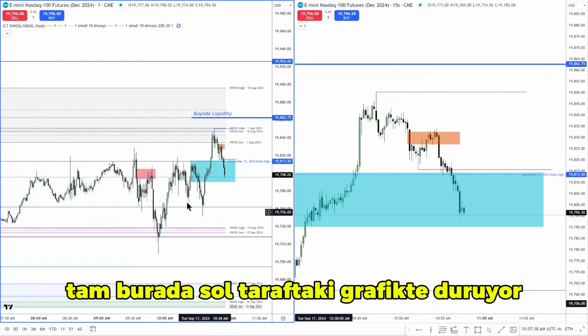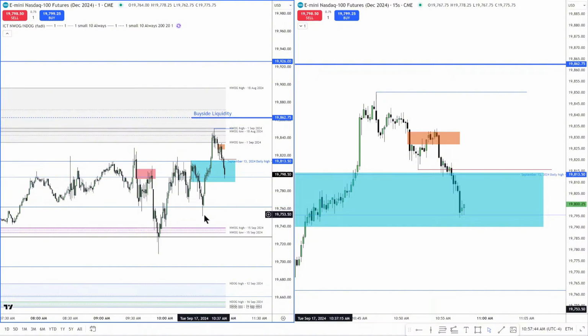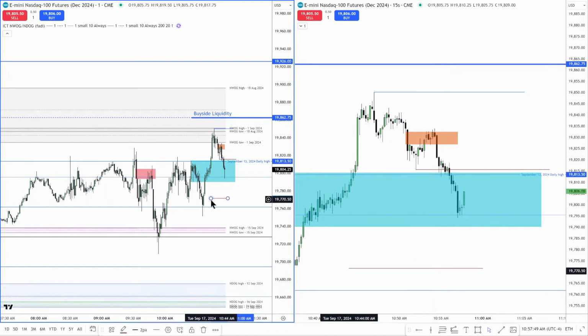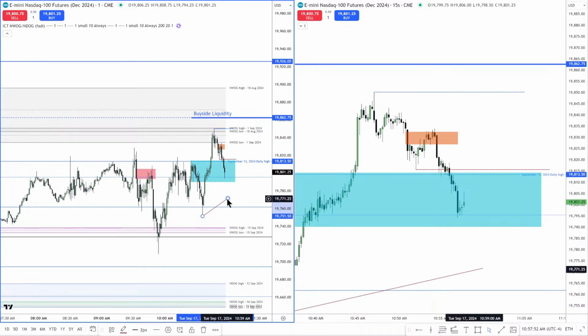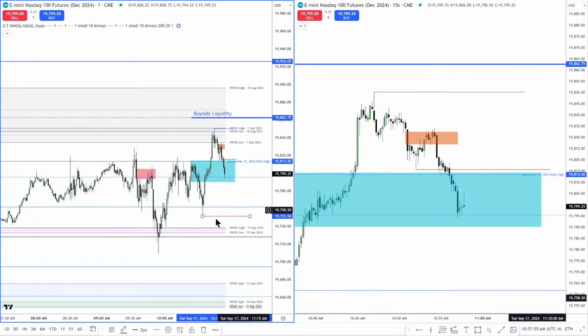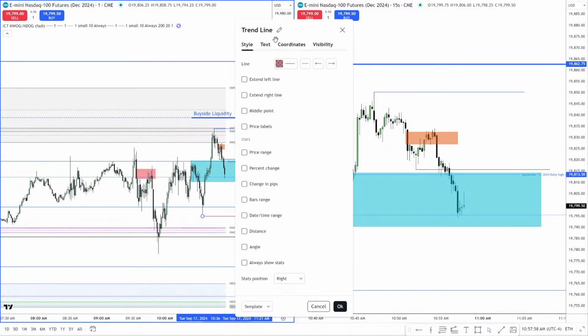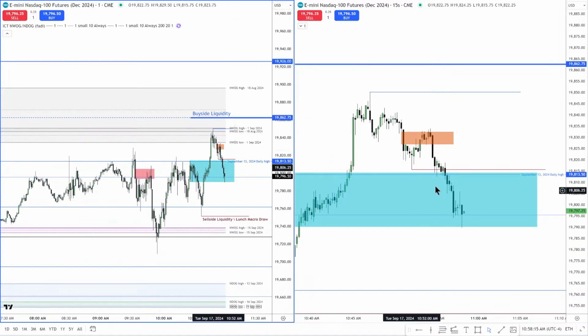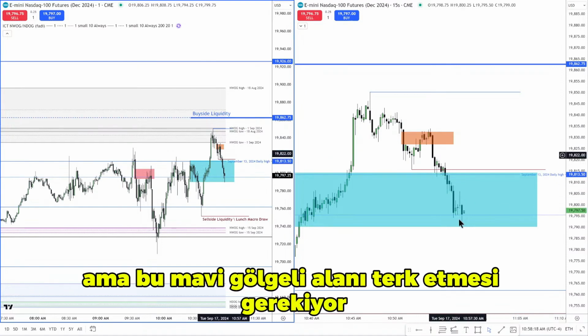That would be this sell side resting right here on the left-hand side chart. But it has to leave this blue shaded area.